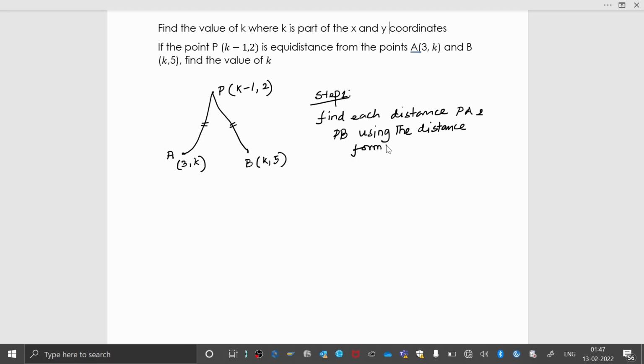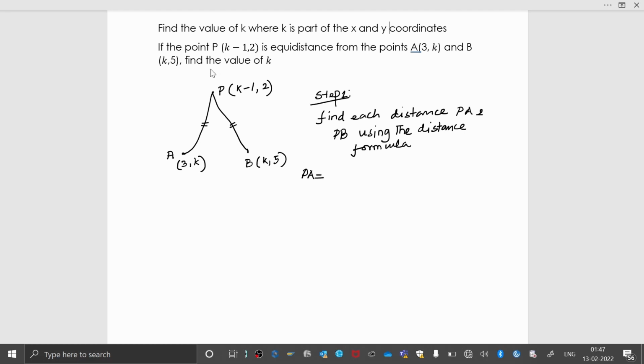So let's find PA and PB. First I'm trying to find PA. By this time we are very much familiar with the distance formula.